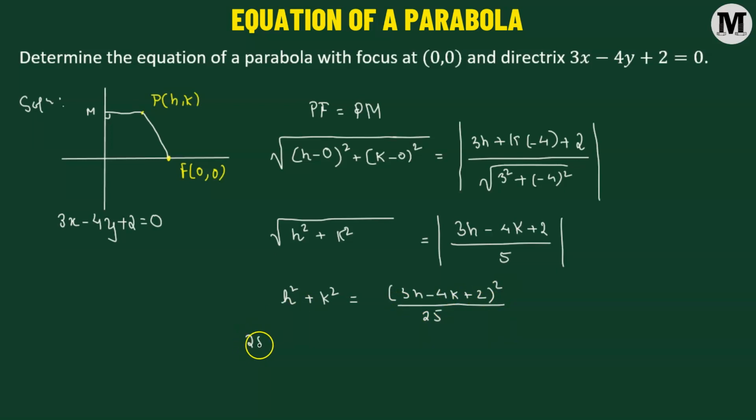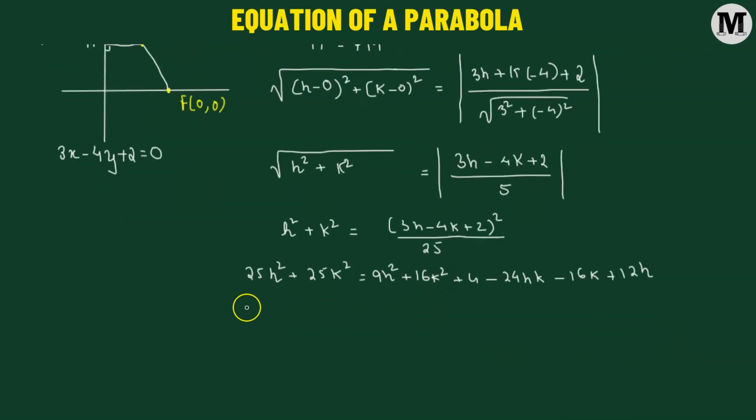Cross multiply, and we get 25h squared plus 25k squared equal to the square of 3h minus 4k plus 2. That's 9h squared plus 16k squared plus 4, then negative 24hk, minus 16k, and plus 12h. Now we'll combine like terms. 25h squared minus 9h squared is 16h squared.